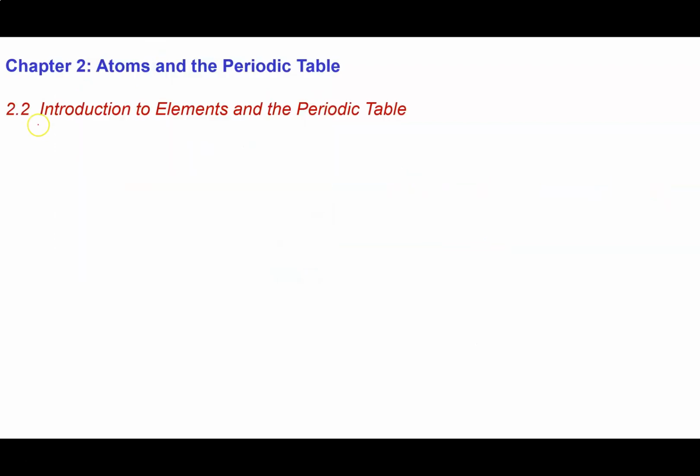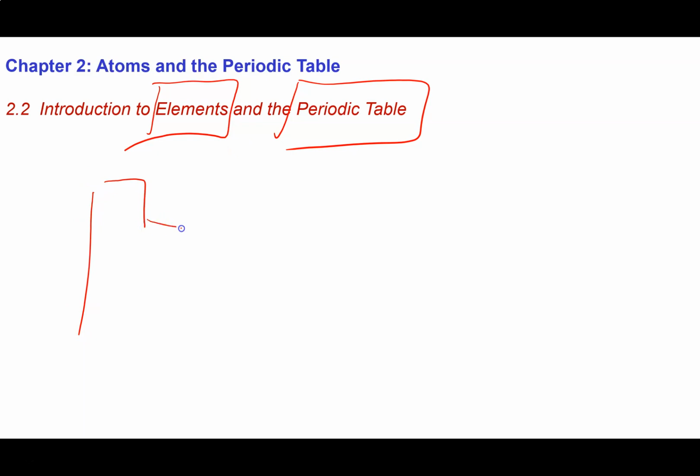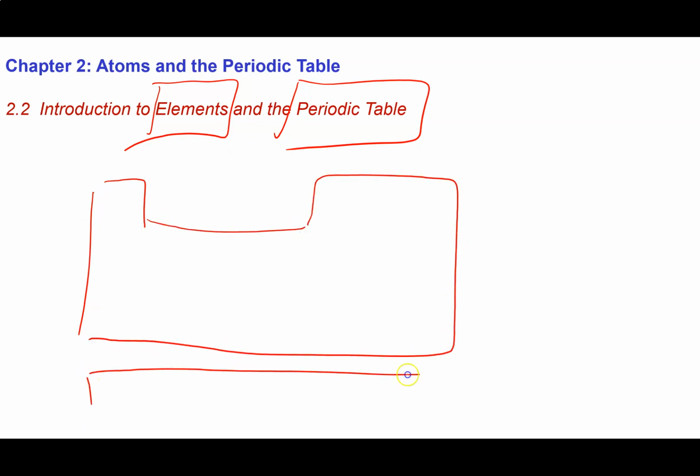Okay, so hopefully you now understand a little bit about the elements, and we've introduced the concept of the periodic table. I just want to say one thing more about the periodic table. Sometimes you want to sketch it out. It has a general shape where it's got higher parts on the ends.